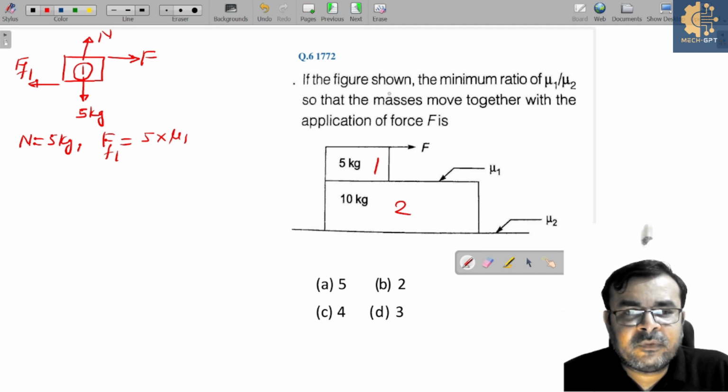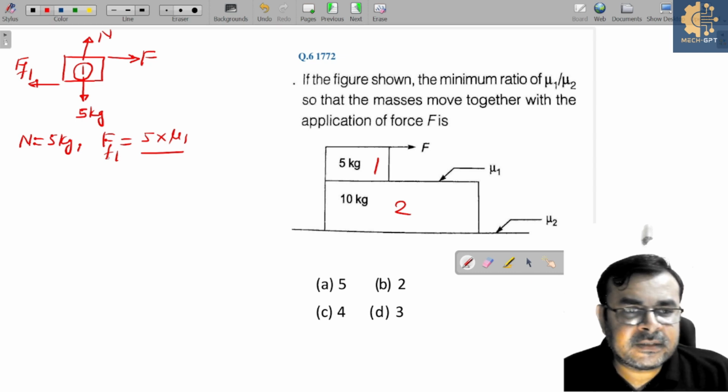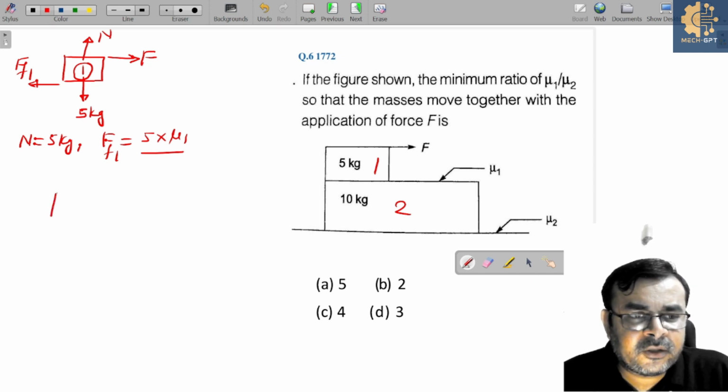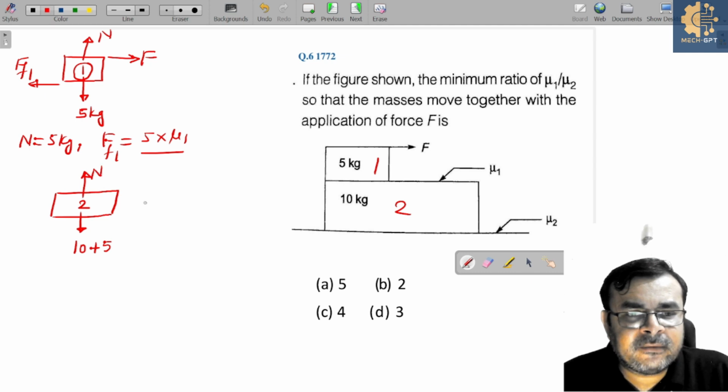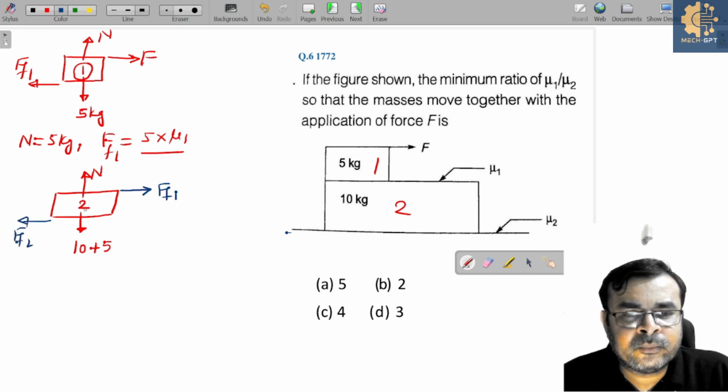Is it clear? So we can get FF1 like this, yes or no? Similarly, if I draw free body diagram for block 2, here the total weight is acting, 10 plus 5, and the normal reaction is N. And block 1 is trying to pull this block along this direction by applying a friction force 1, and in between block 2 and the surface we get a friction force FF2.